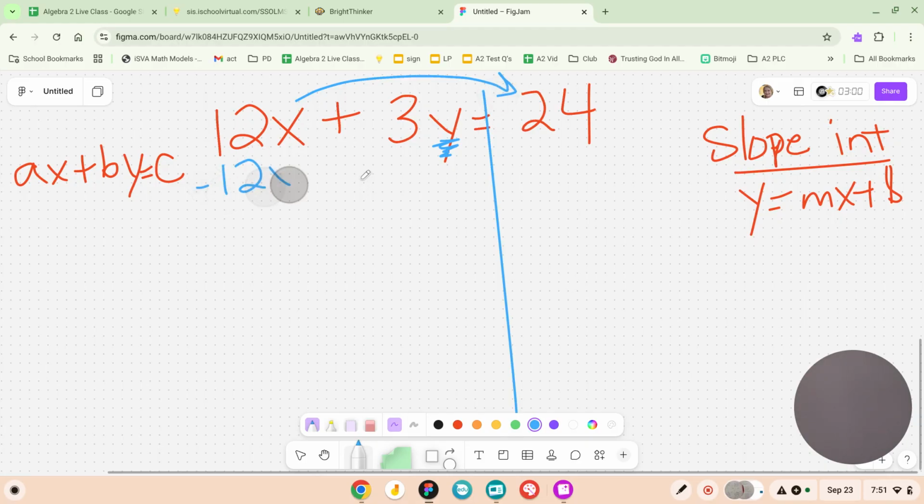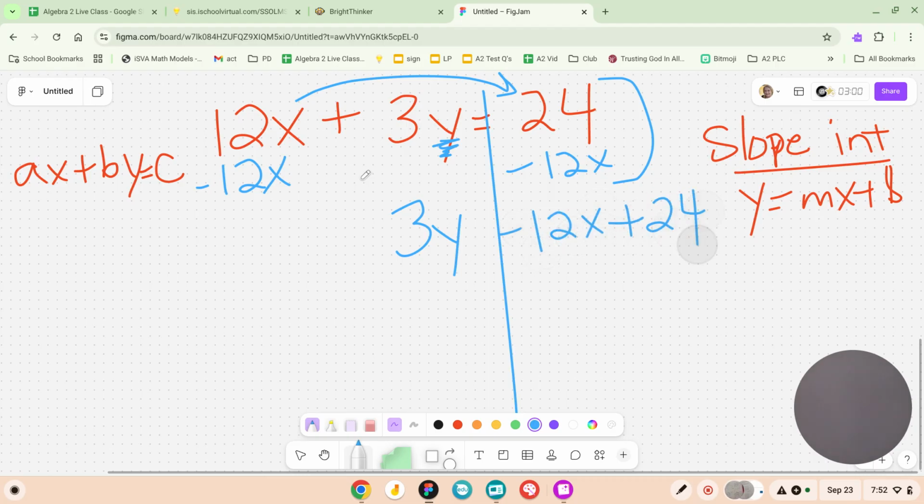In order to do that, I need to move everything over to the other side, and I do it by doing the opposite. It's positive 12x now, so I'm going to say negative 12x, negative 12x. I cannot combine those because one has an x and one does not, so I'm just going to leave them sitting there separately on the line. I'm almost there now, but I still have a 3. That 3 is multiplying the y, so I have to divide by it to get rid of it.